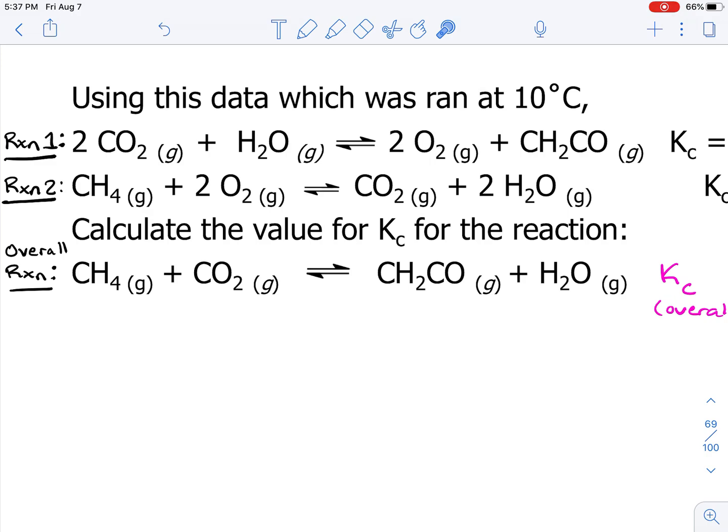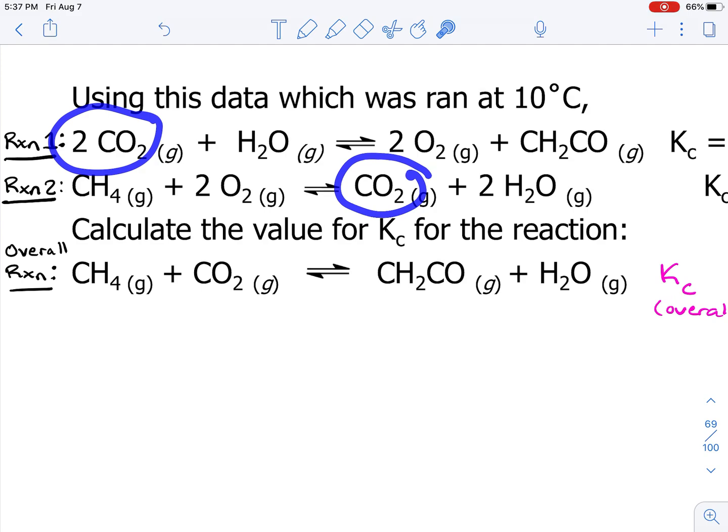We're not going to do any manipulation, so we're going to skip over to the next substance. The next substance that I see is CO2, and once again, it has to be on the reactant side. If I look at both of these individual chemical reactions, I observe that there are two CO2s present.